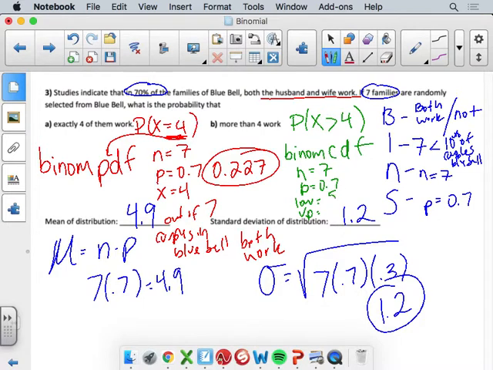The lowest value is 5. The greatest value is 7. Always be careful on your CDFs. That's where you can make a mistake. So make sure it was 5 there. And 0.647 should be right.